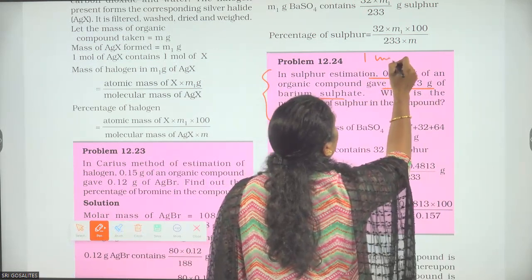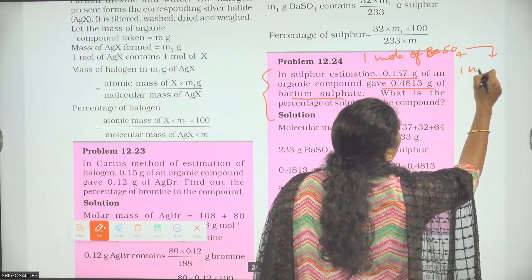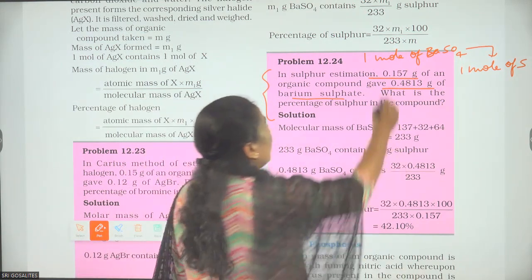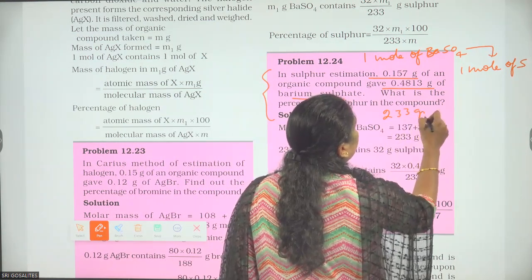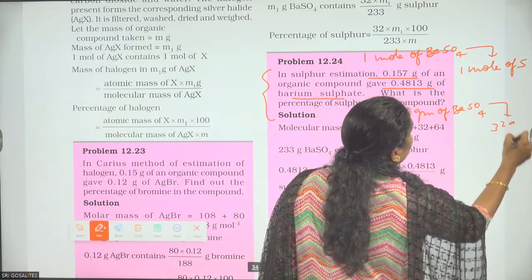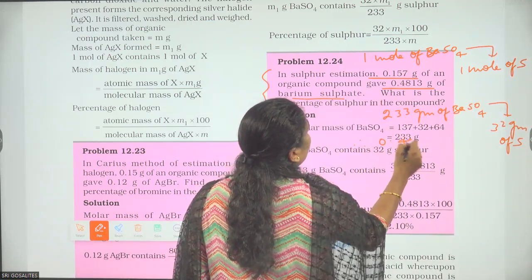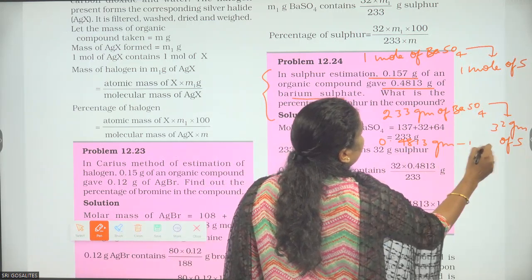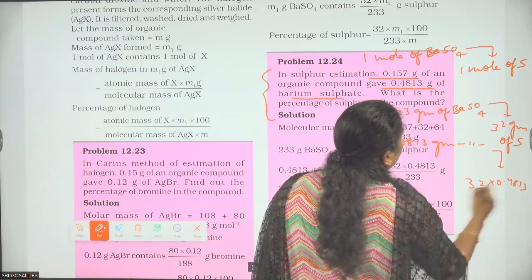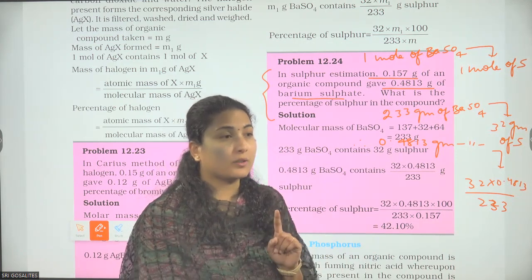Just remember 1 mole of barium sulfate corresponds to 1 mole of sulfur. 1 mole of barium sulfate means 233 grams of barium sulfate, which corresponds to 32 grams of sulfur. Therefore, 0.4813 gram of barium sulfate will correspond to 32 into 0.4813 upon 233. This gives you the mass of sulfur.